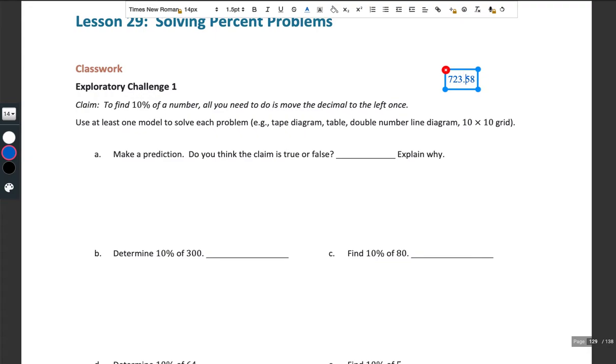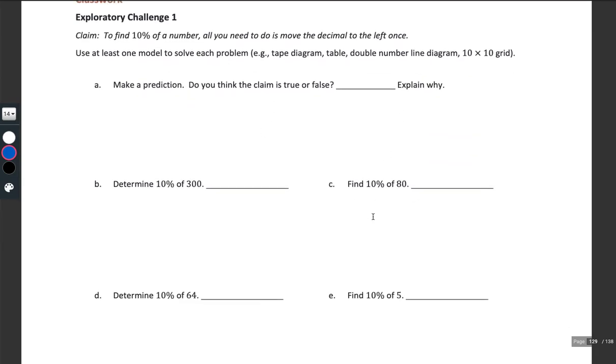So put it here. So it would look like that. And that would be 10% of the original number. That's what it's saying. So you can make a prediction, and then I'm going to go through and do these.